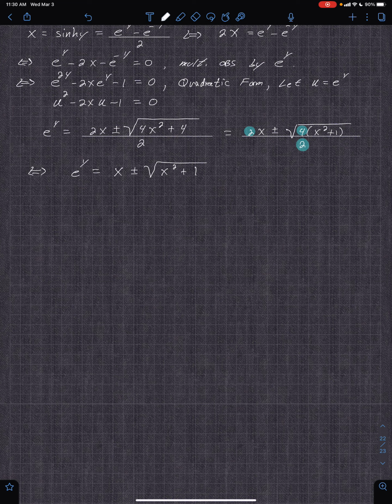We basically have these two possibilities: x minus the square root of x squared plus 1, and x plus the square root of x squared plus 1. We can argue that this one always has to be positive because you have a 1 and everything else is positive. And similarly, this one has to be negative, so this is less than 0.